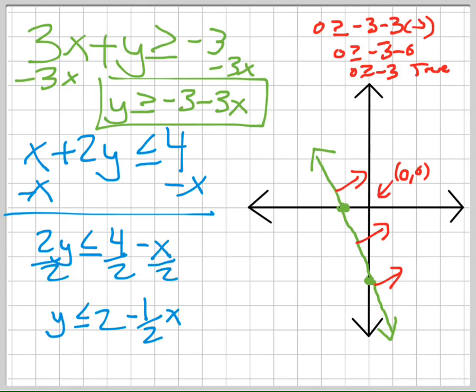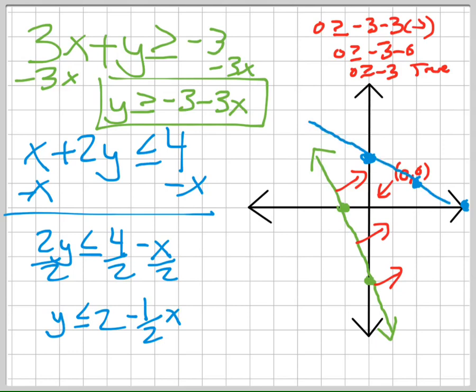Yes, question? On this one? Uh-huh. So you're going to start positive, and then what was your question? Right, so you want to go down 1 and over 2 first.